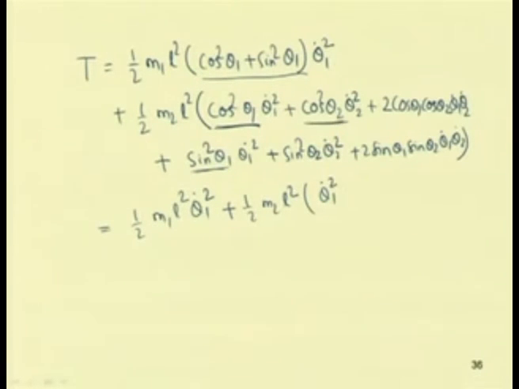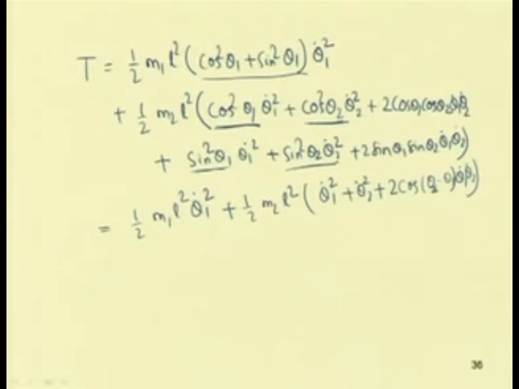Similarly, cos squared theta 2 dot squared and sin squared theta 2 dot squared add up to theta 2 dot squared, and the cross terms give 2 times cos theta 1 cos theta 2 plus sin theta 1 sin theta 2, multiplied by theta 1 dot theta 2 dot. So this becomes cos of theta 2 minus theta 1 times theta 1 dot theta 2 dot.